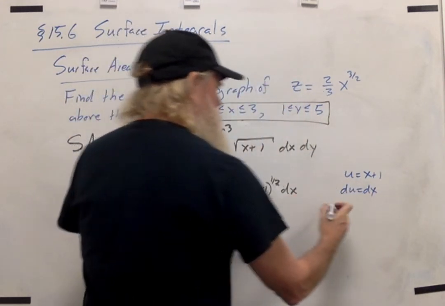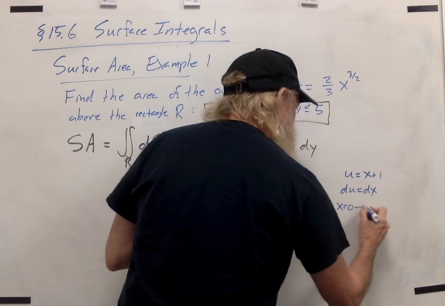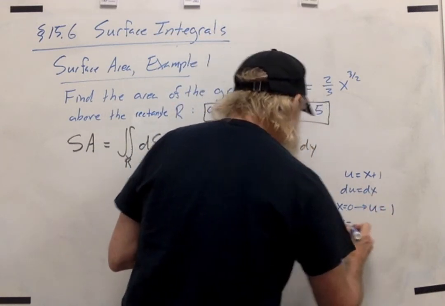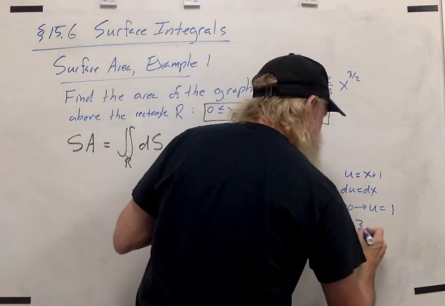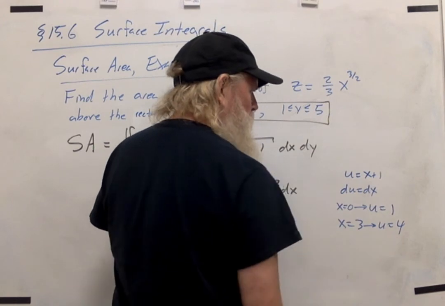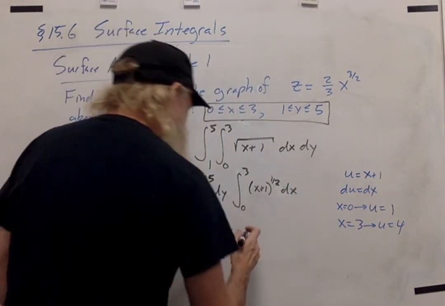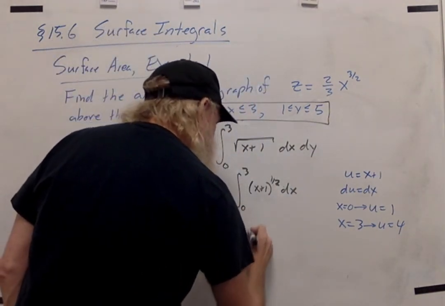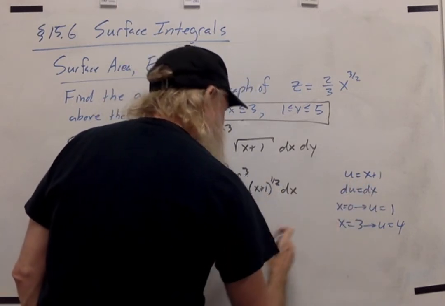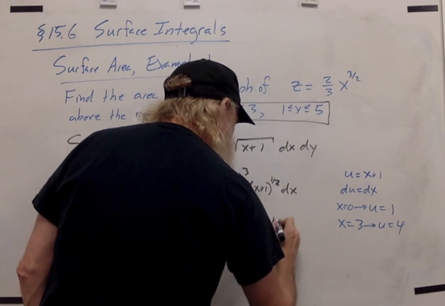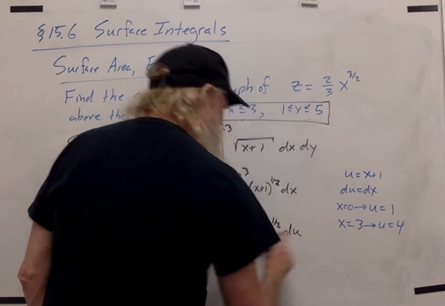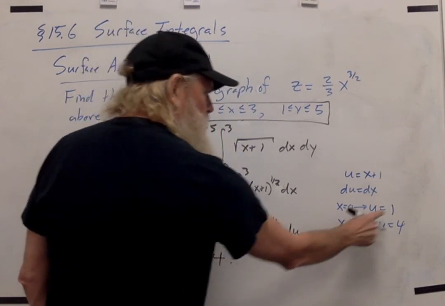And also notice, when x equals 0, u equals 1, and when x equals 3, u is 3 plus 1, or 4. So translating this integral, x plus 1 to the half is going to be the same as u to the half. dx is the same as du, but my u bounds are from 1 to 4.